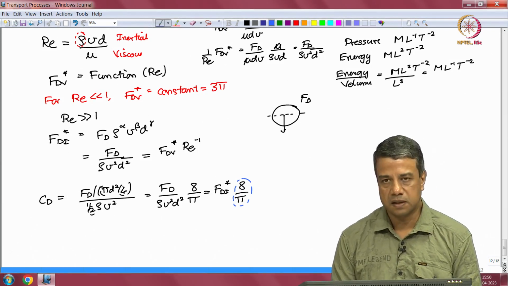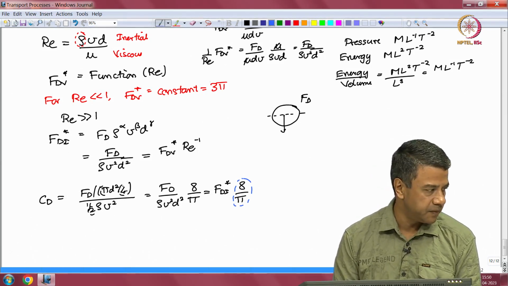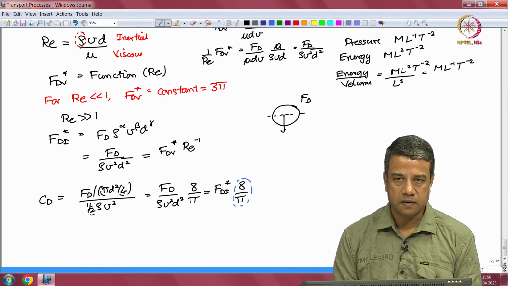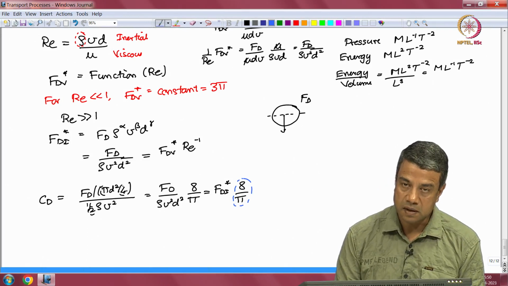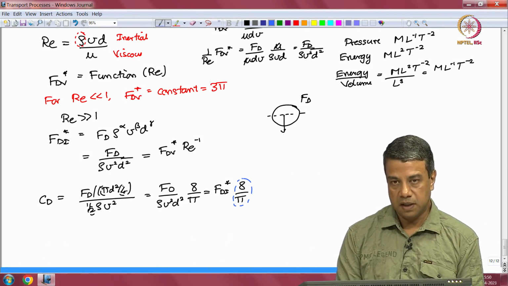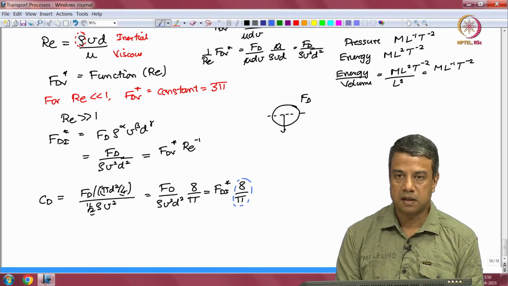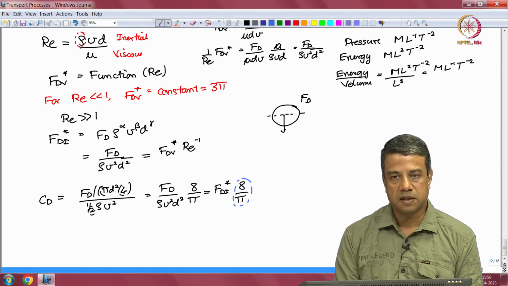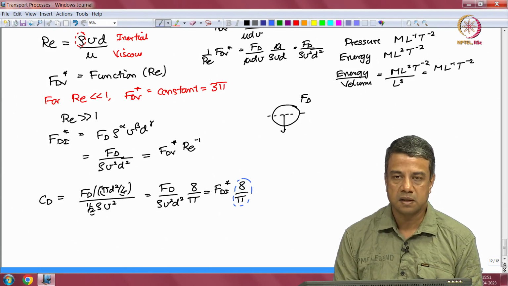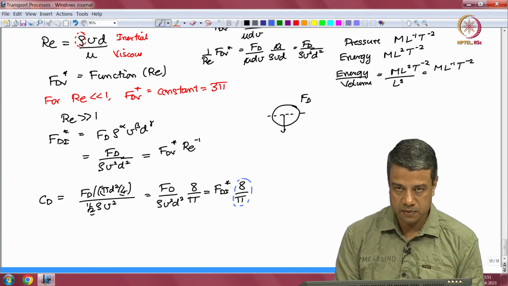So, in this class I had explained to you the drag force calculation based upon the diameter, velocity, the density and the viscosity of the fluid. How do we calculate the drag force? How do we non-dimensionalize the drag force? There were initially 4 independent and 1 dependent dimensional quantities. Using dimensional analysis, we had reduced it to just 1 independent and 1 dependent dimensionless groups.